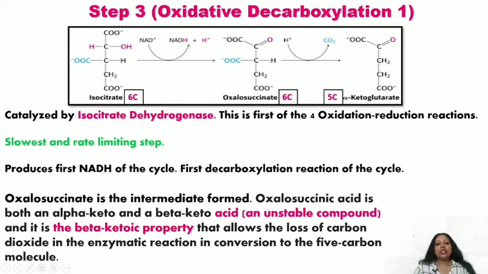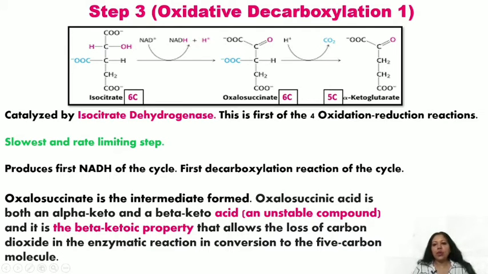Now let's focus on the reaction. 6-carbon isocitrate is acted upon by NAD+, which gives rise to the formation of the reduced form of NAD+, which is NADH plus H+, and again an intermediate is formed which is known as oxalosuccinate, and this intermediate is also a 6-carbon.